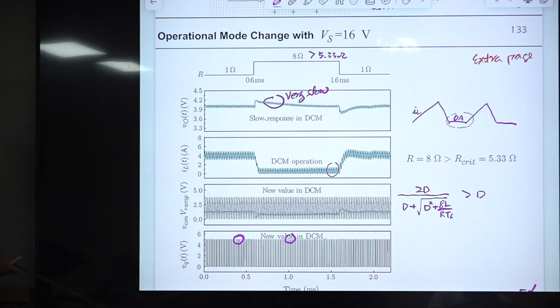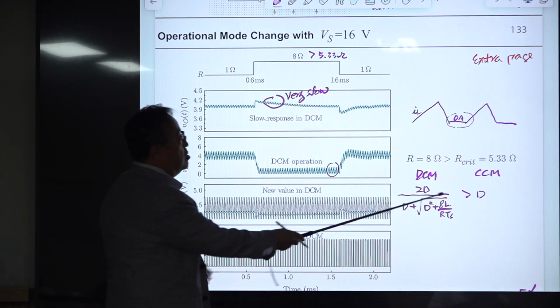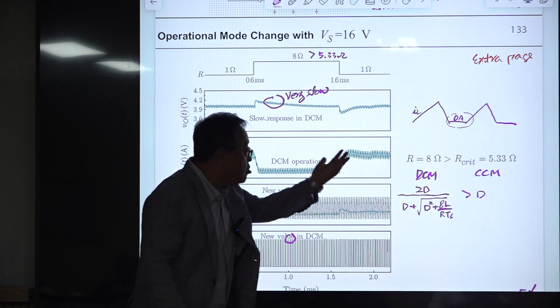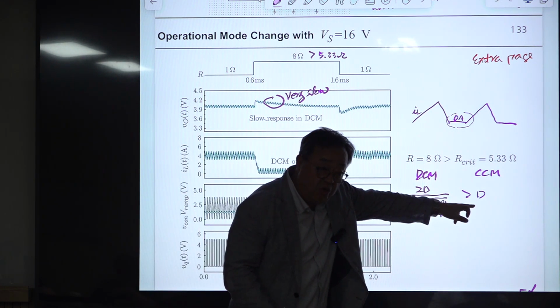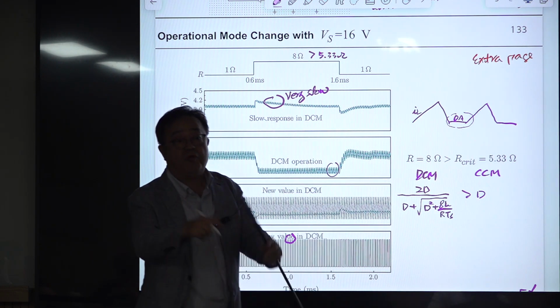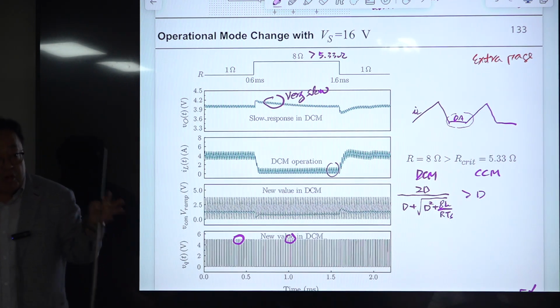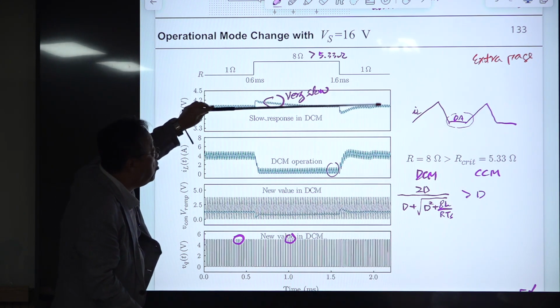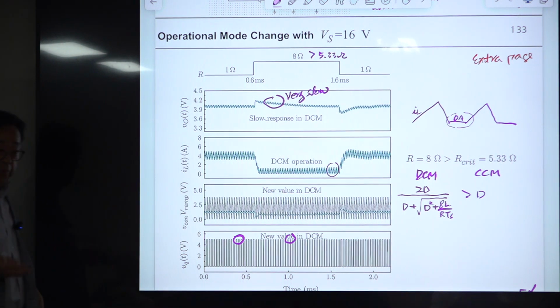Why is that? This is the DCM gain formula, and this is the CCM gain formula. If the converter goes to DCM with the same duty ratio, the output voltage will be larger than the previous one. The role of the feedback controller is to maintain the output voltage at 4 volt regardless of the change of operational mode.